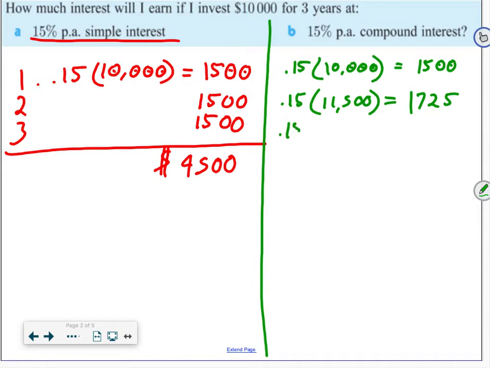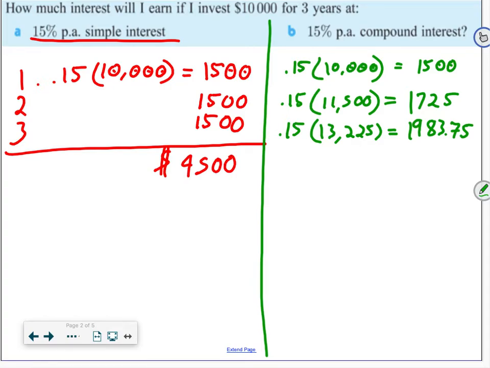So now we're taking 15% interest on 13,225, and this year we're going to make 1,983.75.